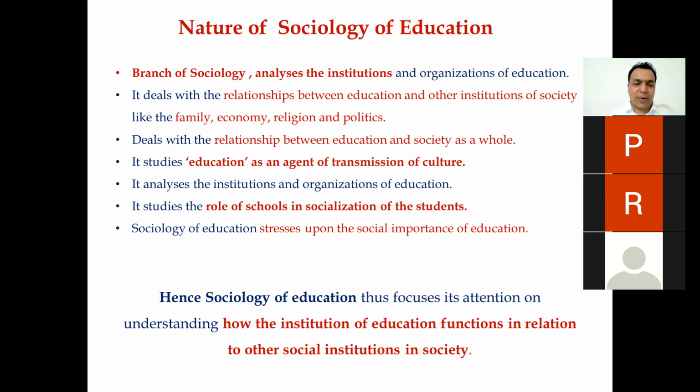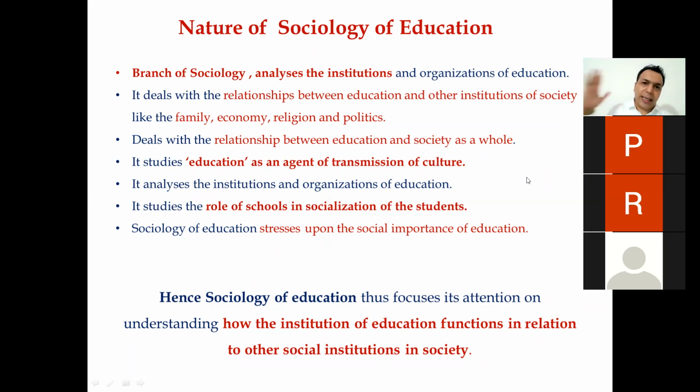Next, what is the nature of sociology of education? It analyzes the institutions and organizations of education, already discussed. It studies the role of school in socialization of the students, already discussed. Sociology of education stresses upon the social importance of education. This is an important nature of sociology of education.